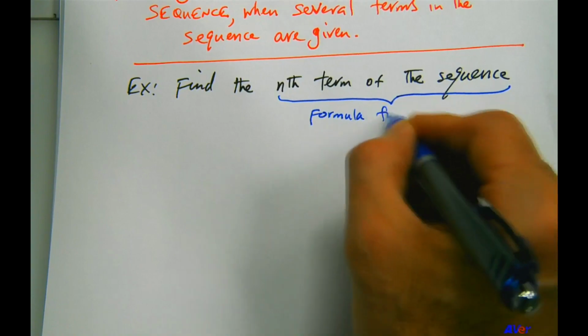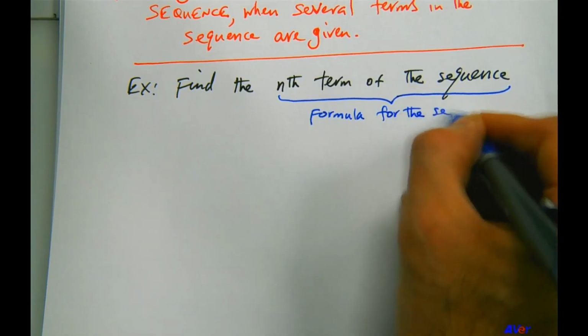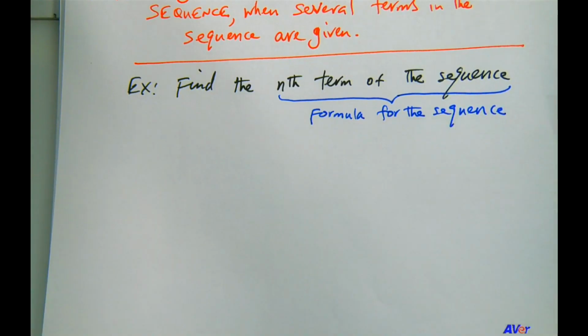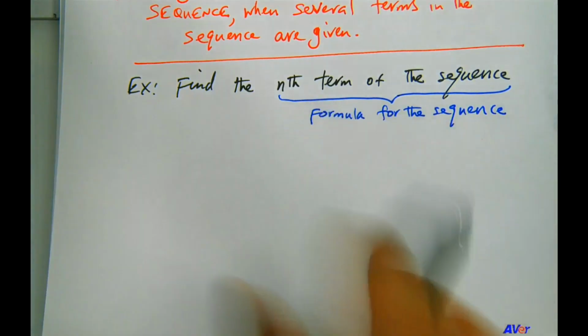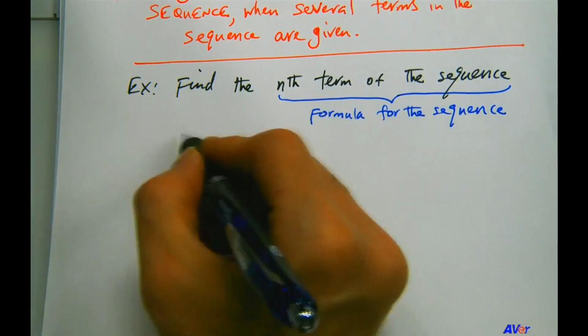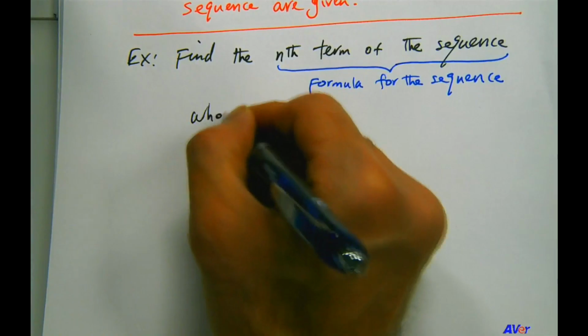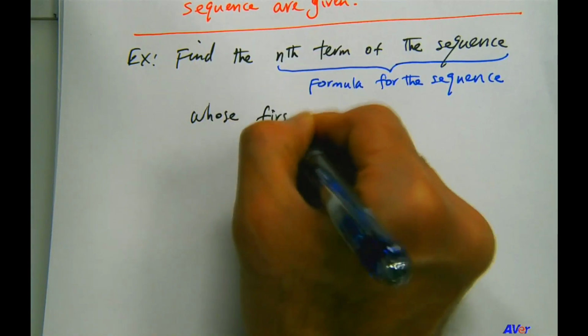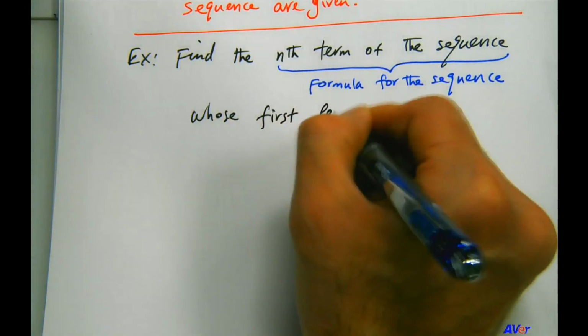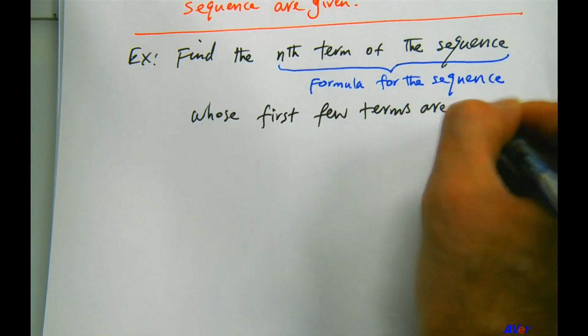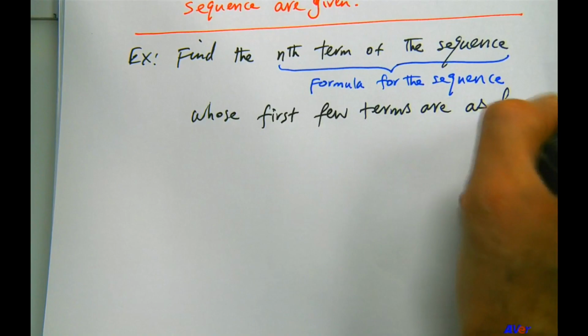So find the nth term of the sequence whose first few terms are as follows.